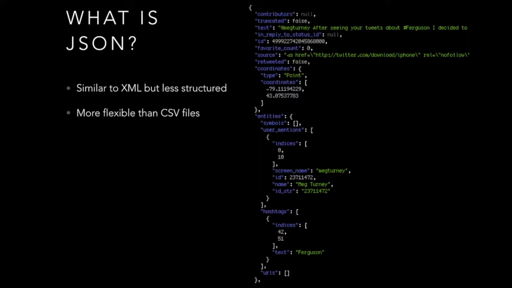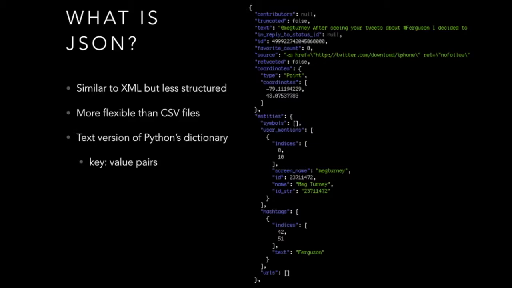It is more flexible than CSV files because CSV files have only one layer of nesting, so you can't have a field within a field in CSV. It doesn't make sense for a column of your spreadsheet in Excel to include more data than just that column. Whereas in JSON, as I mentioned, we can have a user mentions field that contains a list of all the user mentions. How would you do that in CSV besides having an extra column for every possible number of user mentions that you may have?